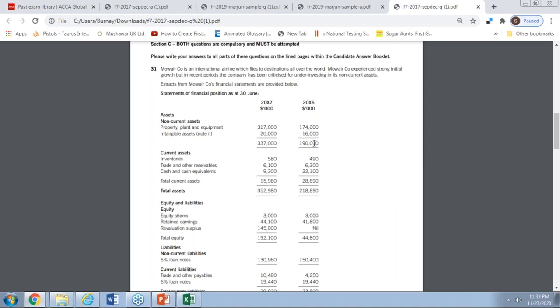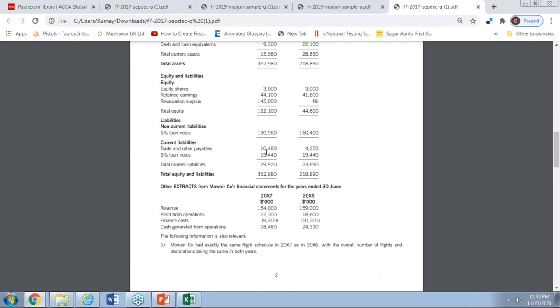Then the future thinking that the company should think of is they have to pay installments of 19,440 on an annual basis, plus a finance cost of 9,200, for which the company has to manage at minimum this amount of cash flow in the future. So these are the basic concerns related to the future.